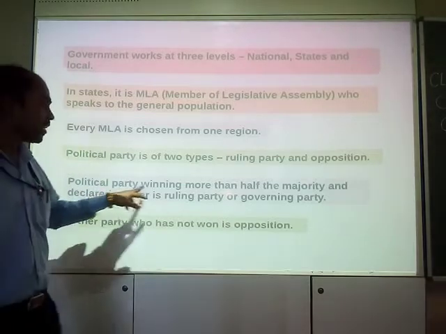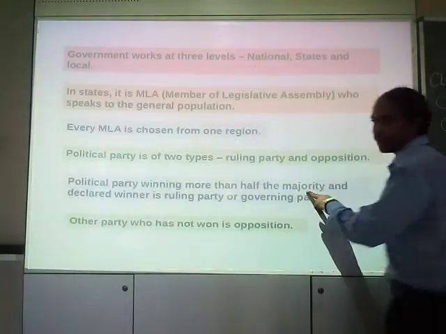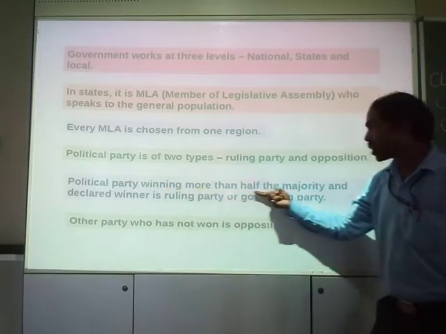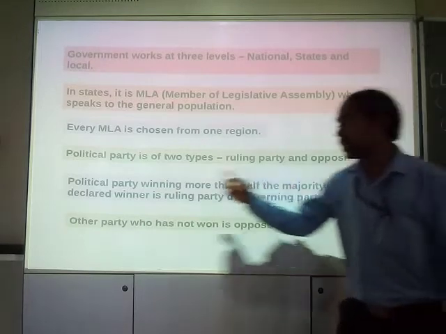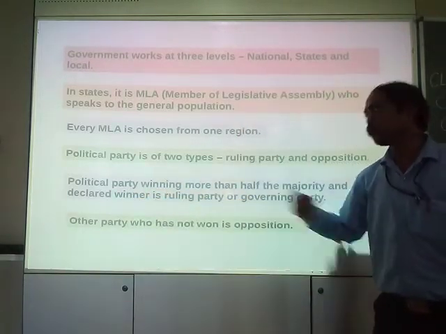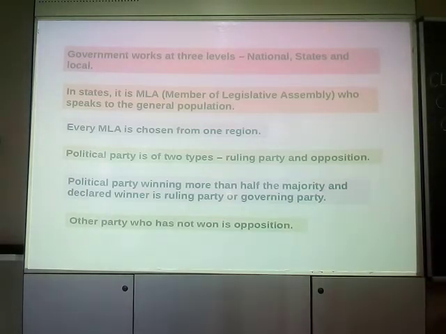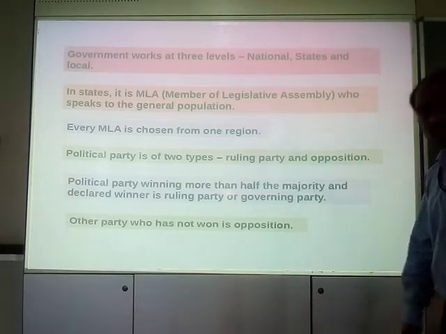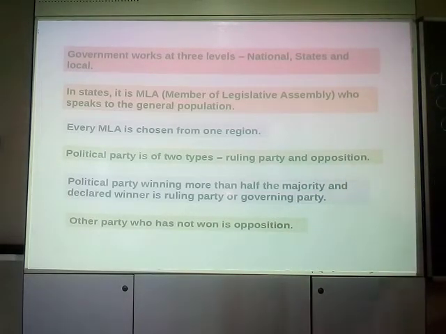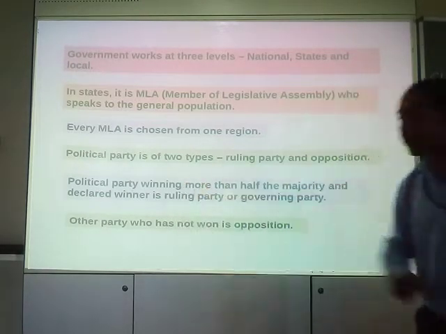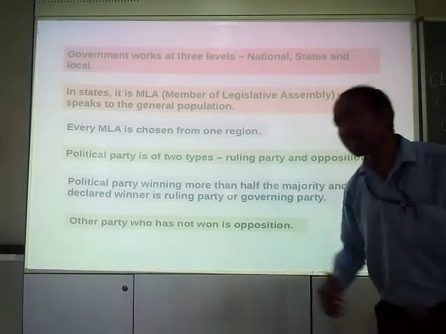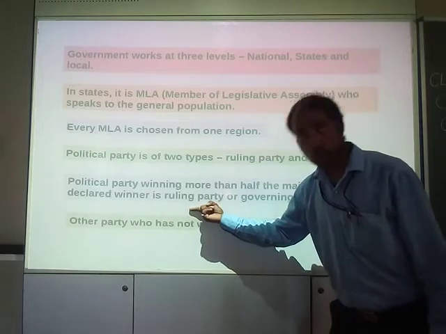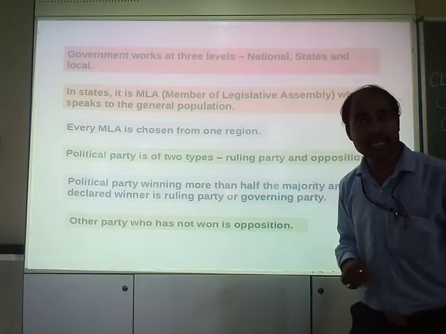The political party winning more than half the majority, declared the winner, is the ruling party or governing party.